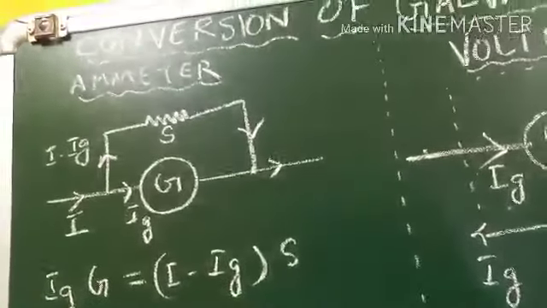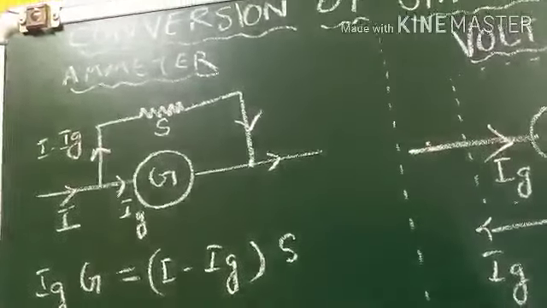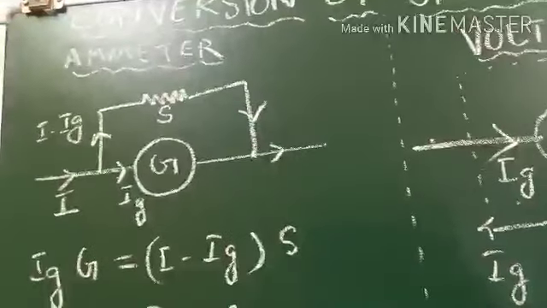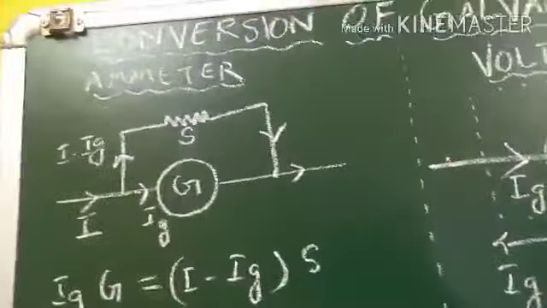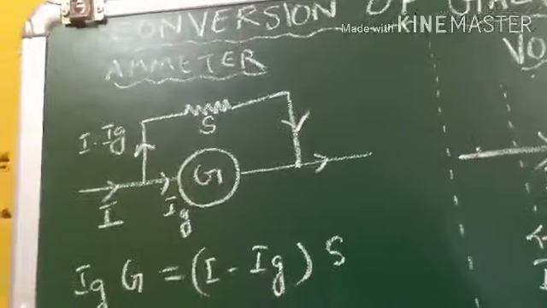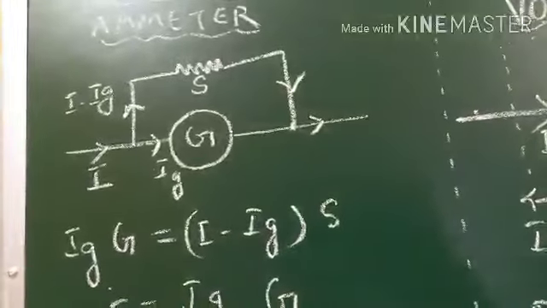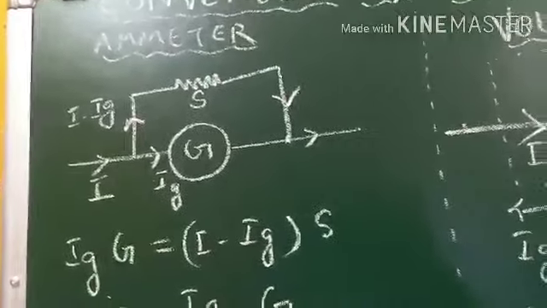But one thing we should note: when it is measuring the current, it should measure the accurate value. If the ammeter itself has large resistance, the total resistance of the circuit will be changed.